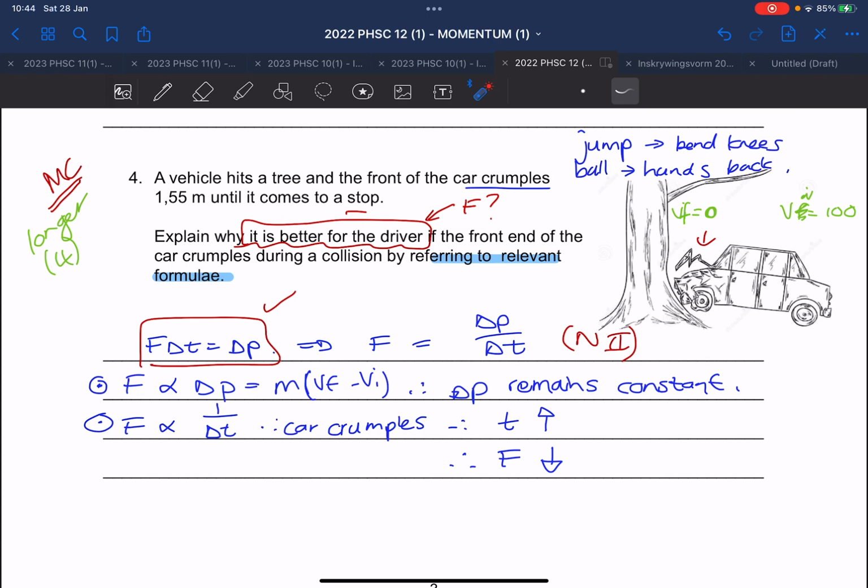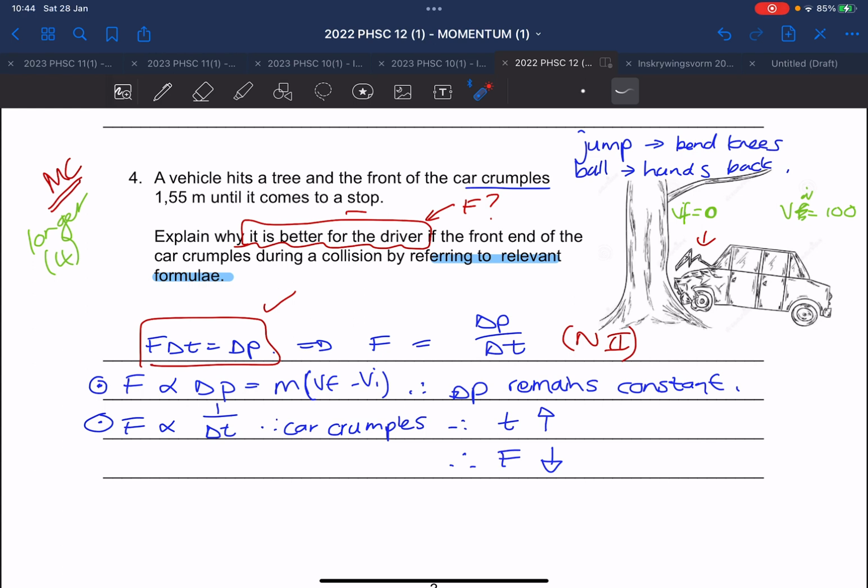Now I'm going to look at the time. Because the time is below the fraction, it is inversely proportional. What does that mean? If the time increases, the force decreases. Now, when the car crumbles, it doesn't just boing and come to a stop. The car crumbles before it stops, so the time increases before it stops.